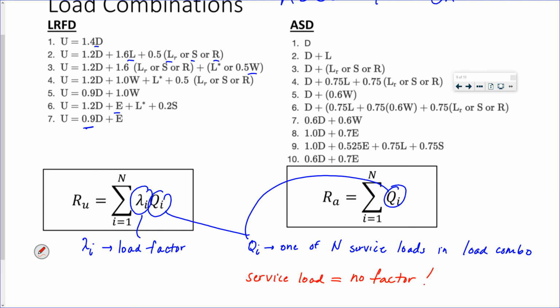Just the pure dead, the pure live, pure snow, no factor. So LRFD, load and resistance factor design, means we have factors on the loads and factors on our resistance, on our strength. Whereas ASD only has that safety factor omega on the strength.